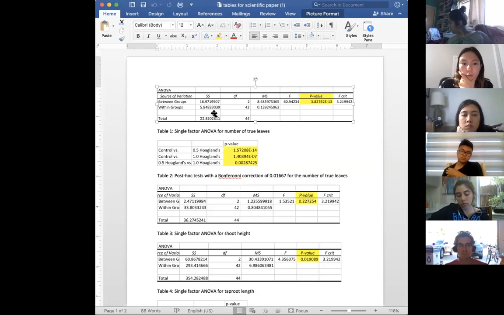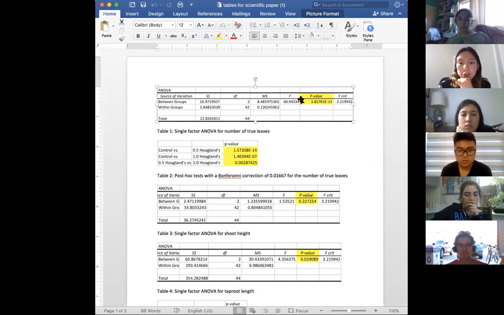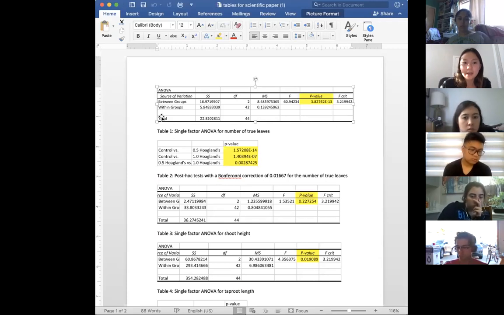So your first table will just be this ANOVA portion. So the part of the table that displays the p-value, the f-value, degrees of freedom, etc. So you're not including the portion of the ANOVA table that has the means and the variance, etc. You're only including this bottom portion of the table. So again, the one that displays the p-value. So that'll be one table.